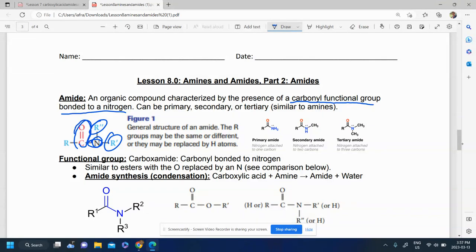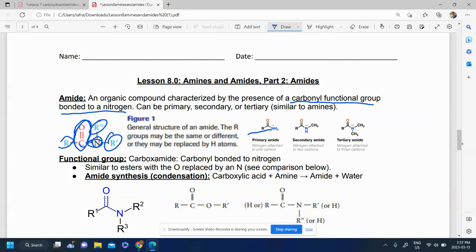So there's that double bond on that carbon, and then there's more carbons along the other end if you want. You can have more carbon chains there. So just like with amines, you can have primary, secondary, or tertiary amides. So a primary amide is one where you only have the one carbon chain connected to that nitrogen with the double bond O, and there's no other carbon chains on the nitrogen.